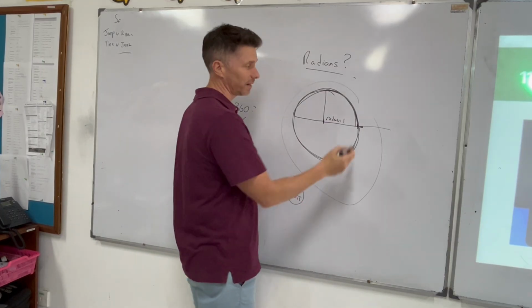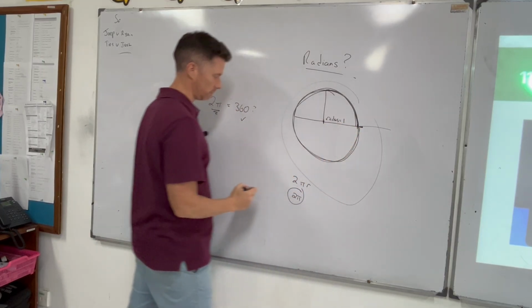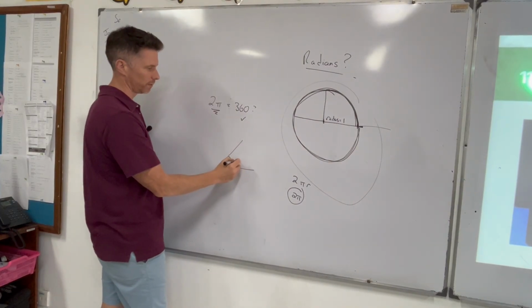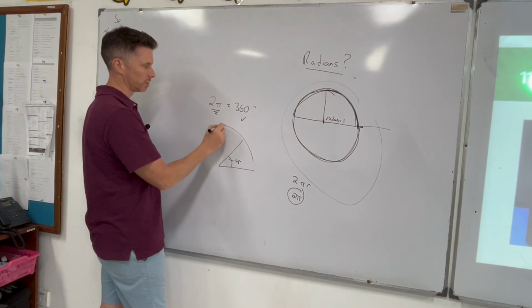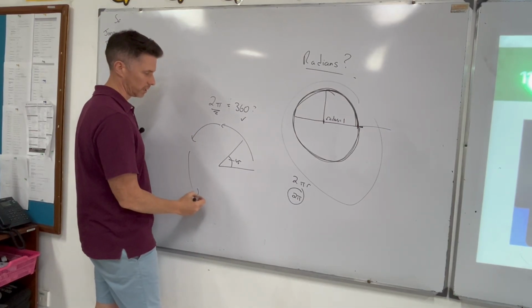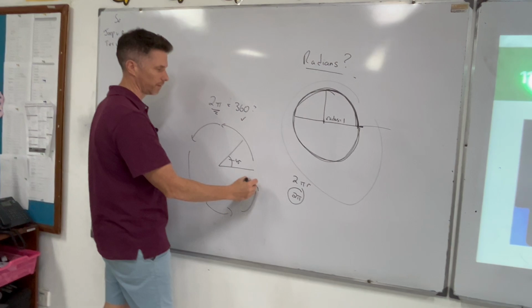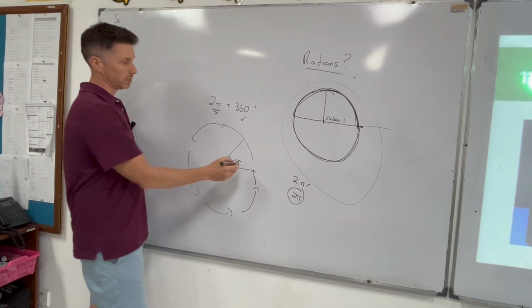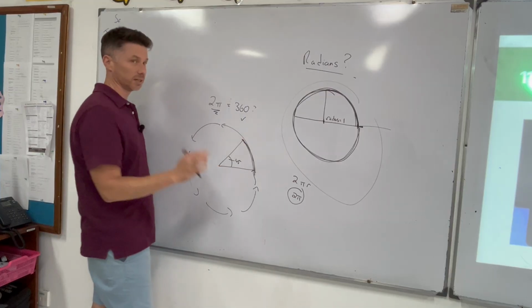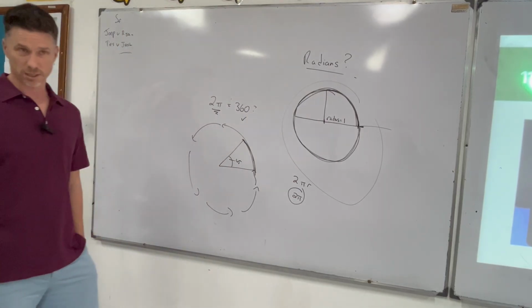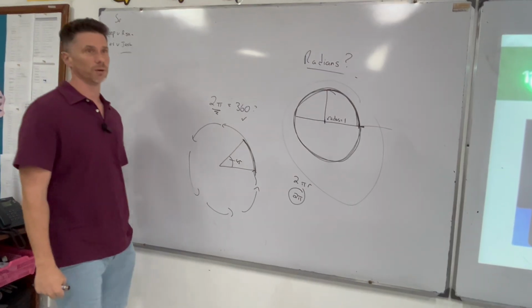When you draw an angle, an acute angle, we say that's about 45 degrees, and as the angle gets bigger it sweeps around and finally hits 360. If we use this distance as the measure of the angle instead of degrees, that is a better way of measuring the angle.